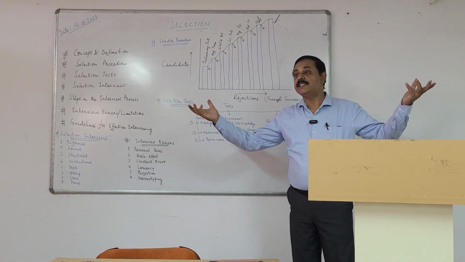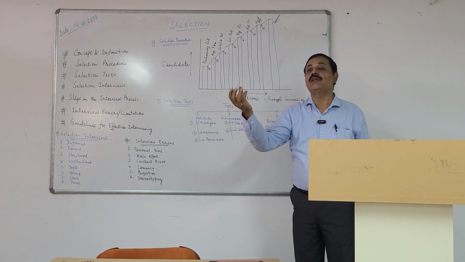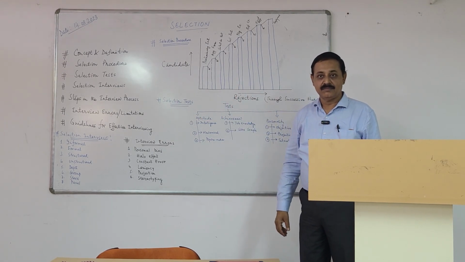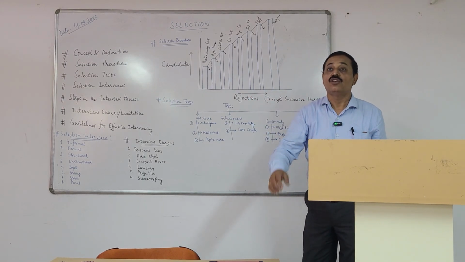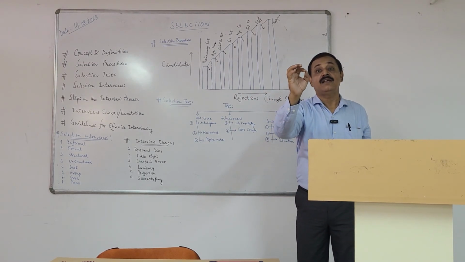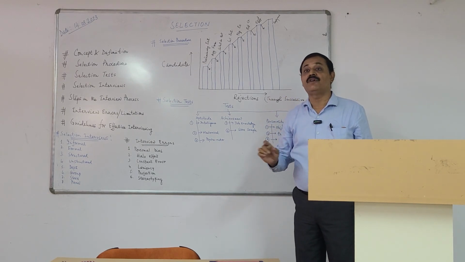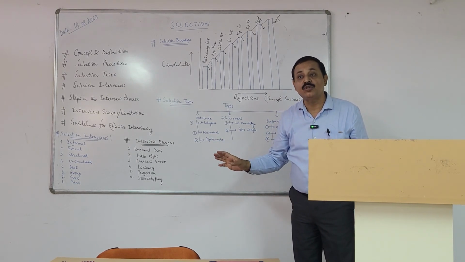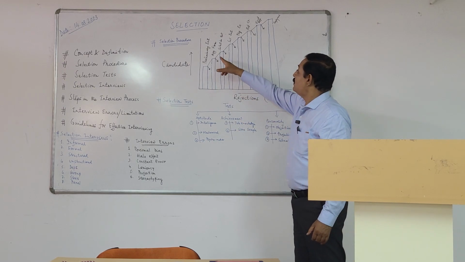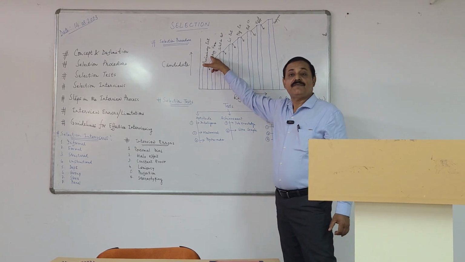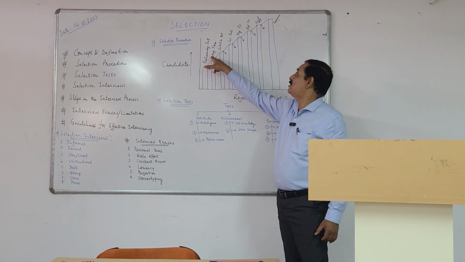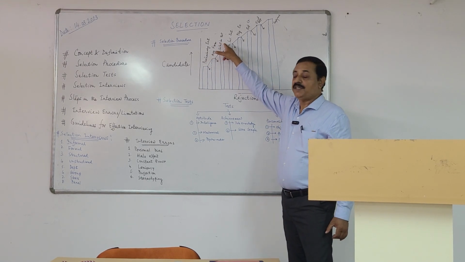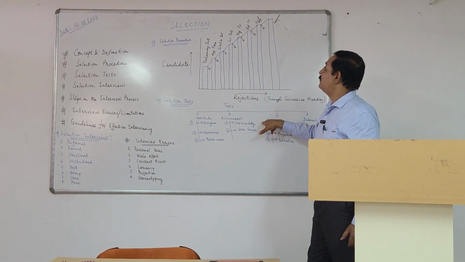Big organizations even now have their own application form designed, and those application forms are specific to the organization so as to elicit the required information for the job suitable to the organization. And then after receiving information through the application forms, there could be different types of tests conducted.